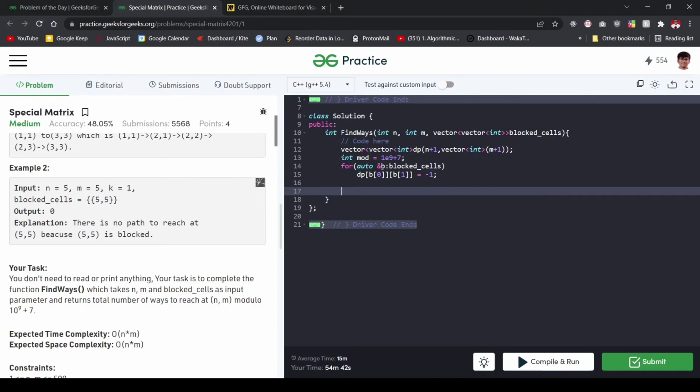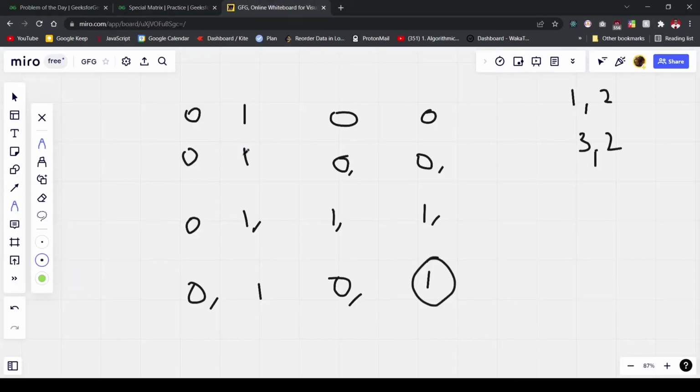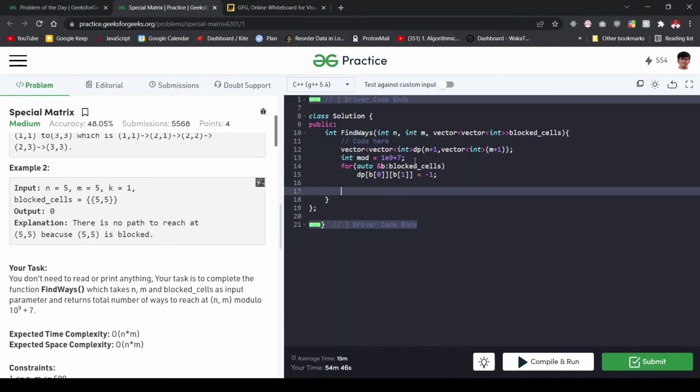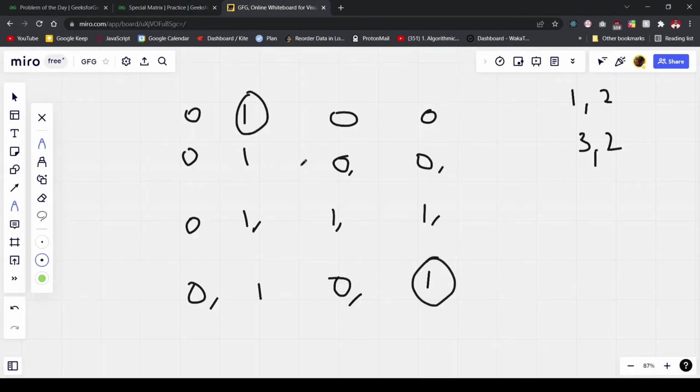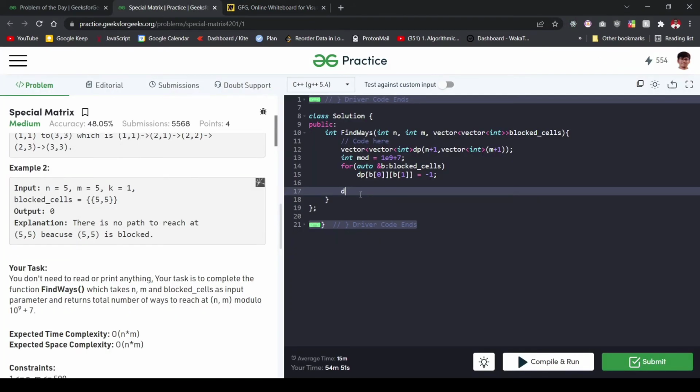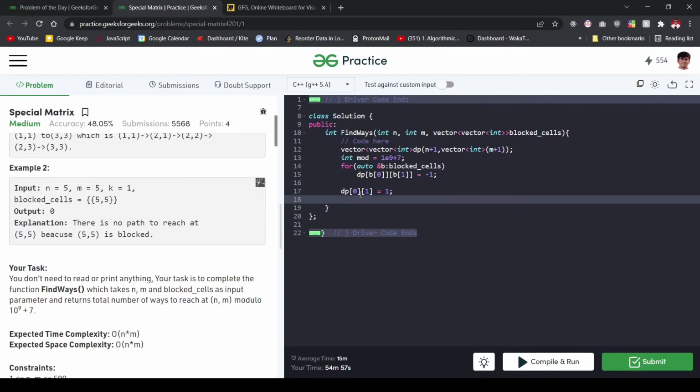Now what we'll do is we have to initialize this value with 1 in the beginning just to go over the approach that we discussed. So for that I'll simply place the 0 comma 1 value to have the value 1, and after that we'll loop over the matrix.